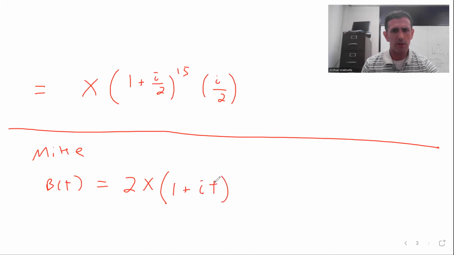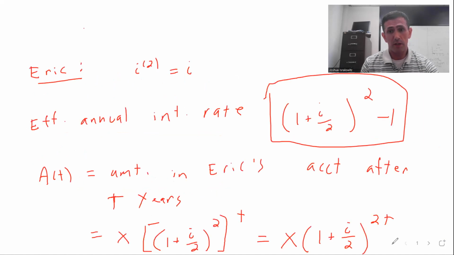it. i is the same simple interest rate as, well, in the problem, i is both the simple interest rate and the nominal interest rate compounded semi-annually, compounded twice a year.